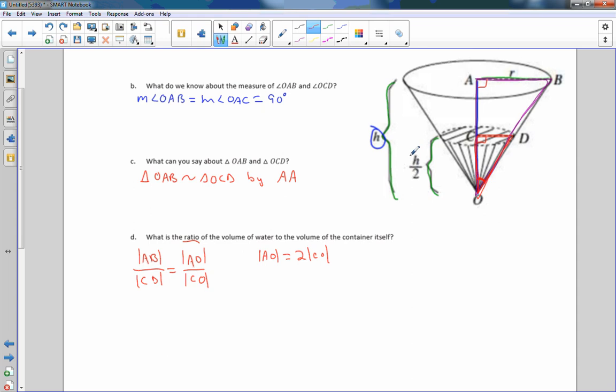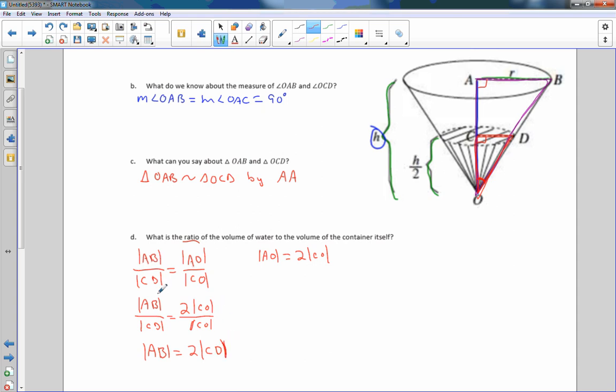Okay, so then we can simplify this and say, since I can replace AO with 2 CO, now I can say the length of AB is to the length of CD as, instead of putting AO, I put 2 CO is to the length of CO. Okay, so then we can conclude that the length of AB equals 2 CD.